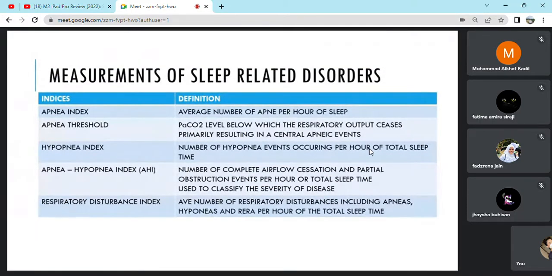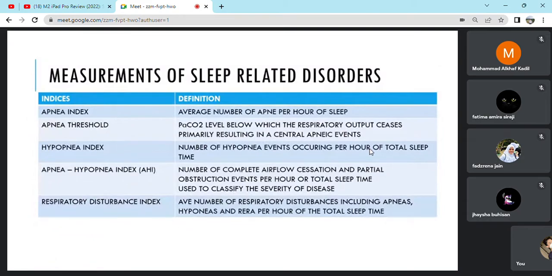So other than that, again, as I've said, you have different measurements for you to say that the patient is suffering from sleep-related breathing disorders. Then you have different indices that are actually recorded and measured. And that becomes now the basis of diagnosis.